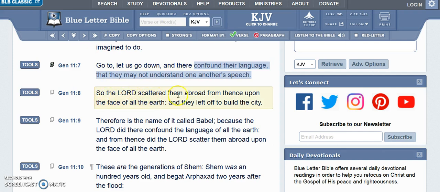So the Lord scattered them abroad from thence upon the face of all the earth, and they left off to build the city. Therefore is the name of it called Babel. And this is in 11:9, which is 9:11 backwards, because the Lord there did confound the language of all the earth, and from thence did the Lord scatter them abroad upon the face of the earth.